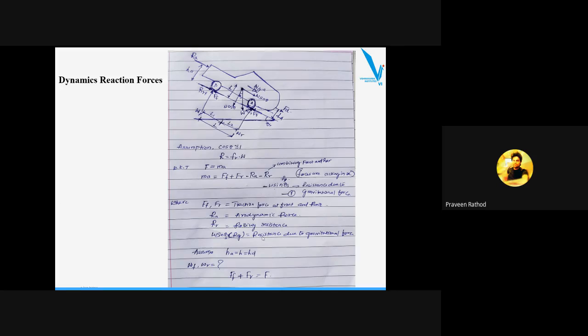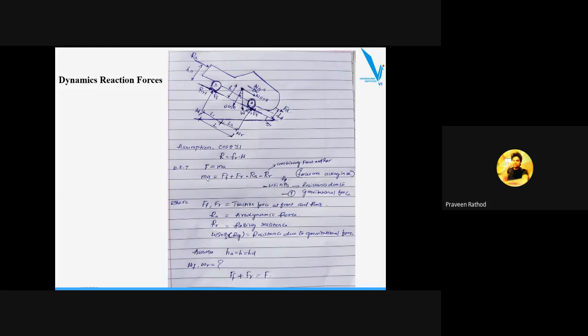This is the resistance due to gravitational force, W sine theta S. This can also be written as RG in short form. You can write RG and also W sine theta S. So this is the first equation.